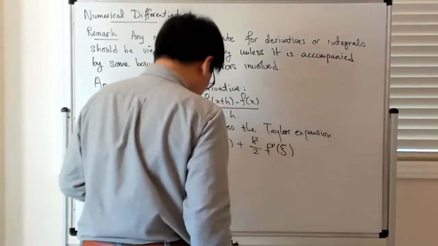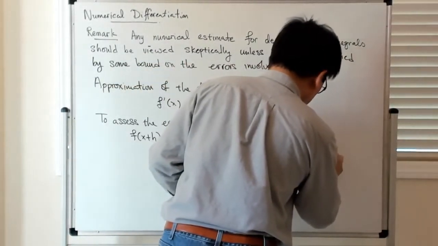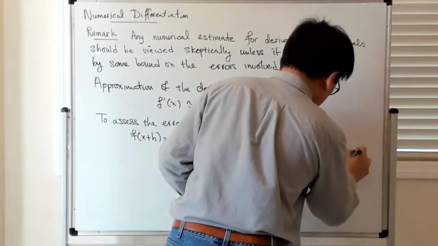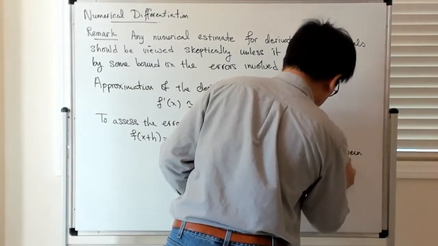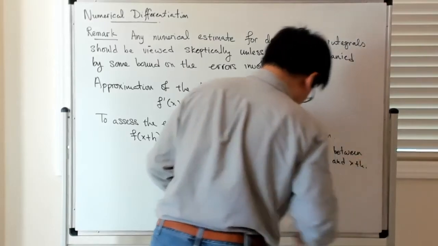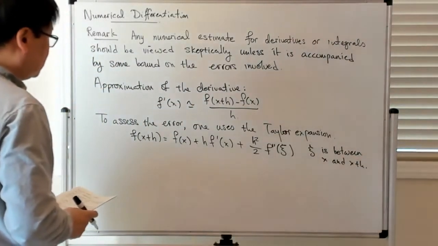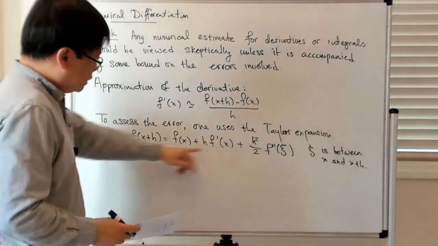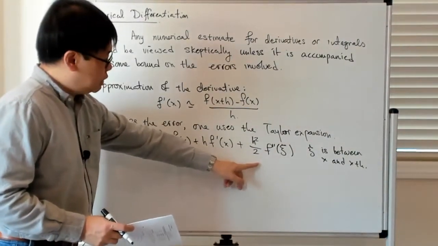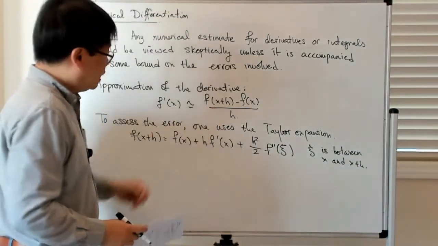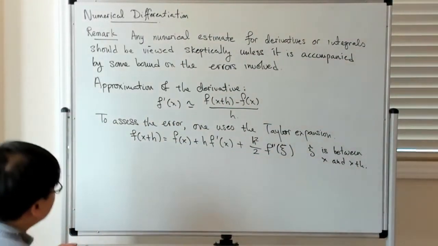Let's call that c. So c is between x and x plus h. Okay, all right. So given that Taylor expansion with the remainder term, we can substitute it into this right-hand side and see what you get.